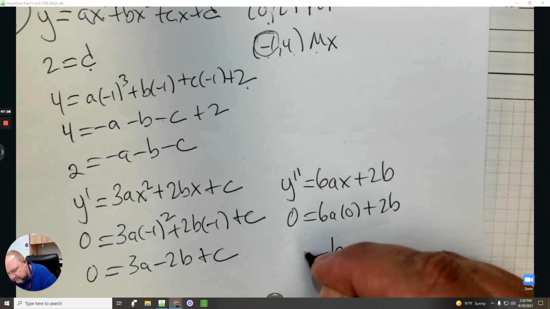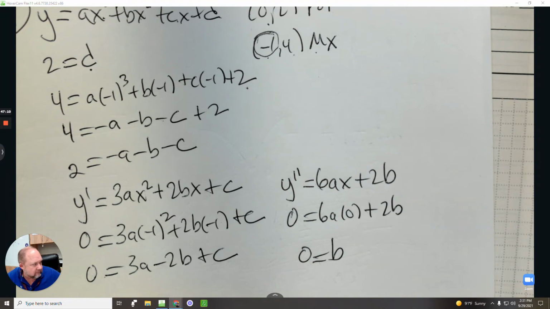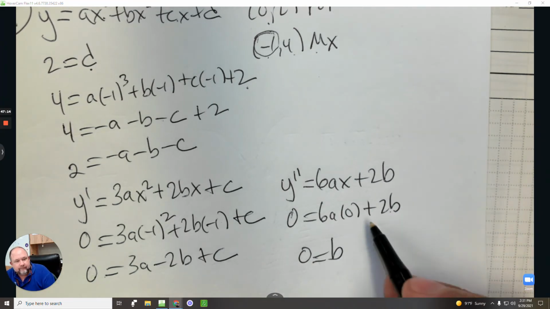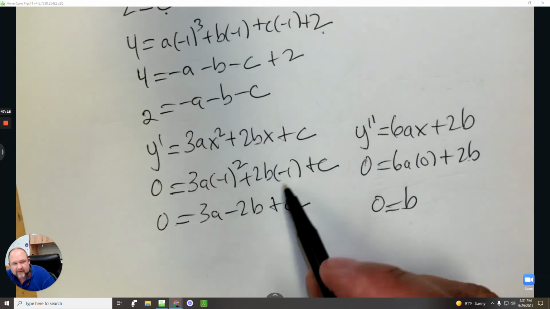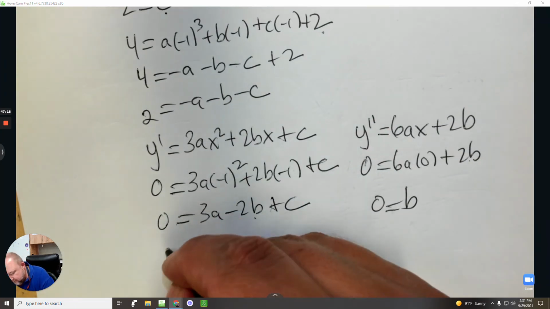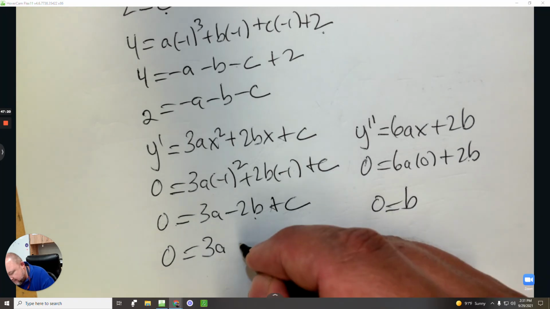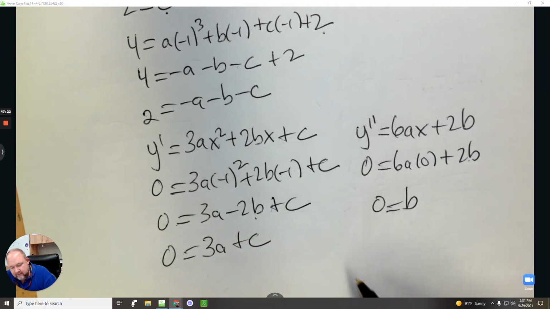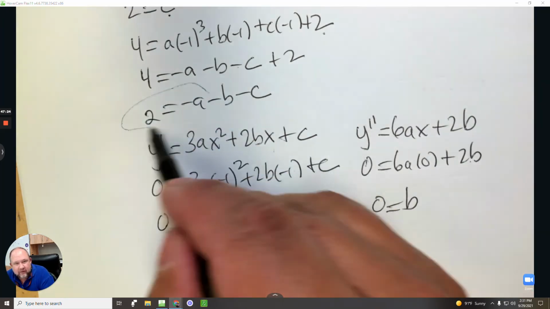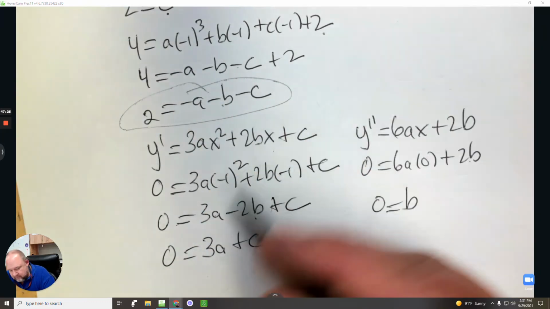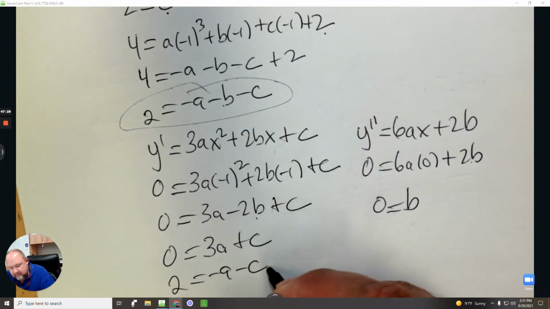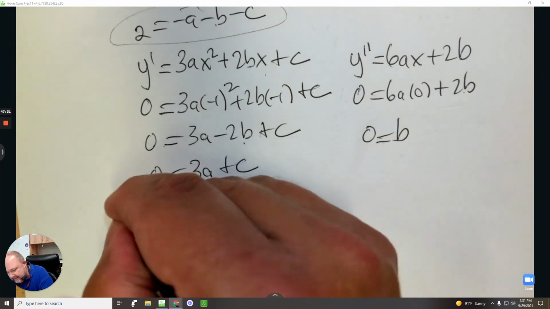So that must mean b is equal to 0. So then I can come back here. b is 0. So I have 3a plus c. And I can come back here. If it's 0, then -a minus c. And then I can add this up.